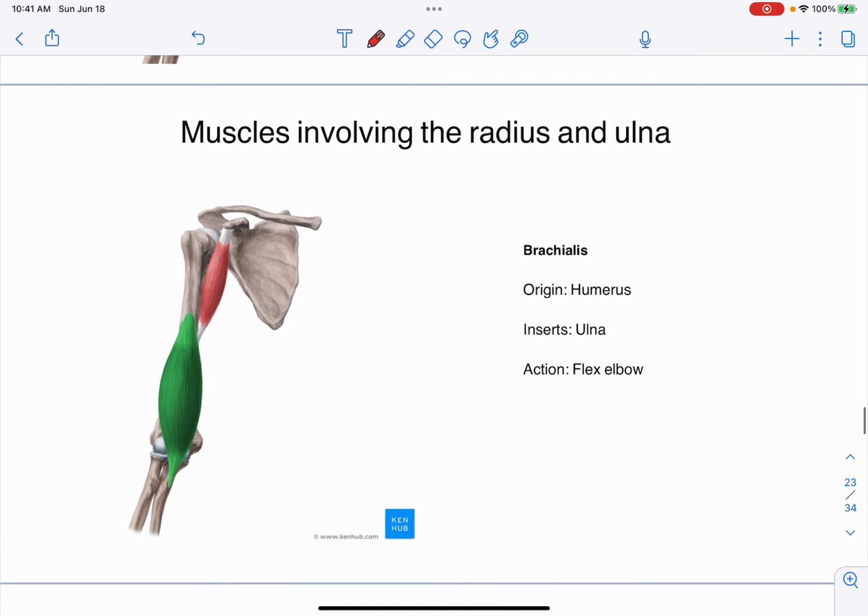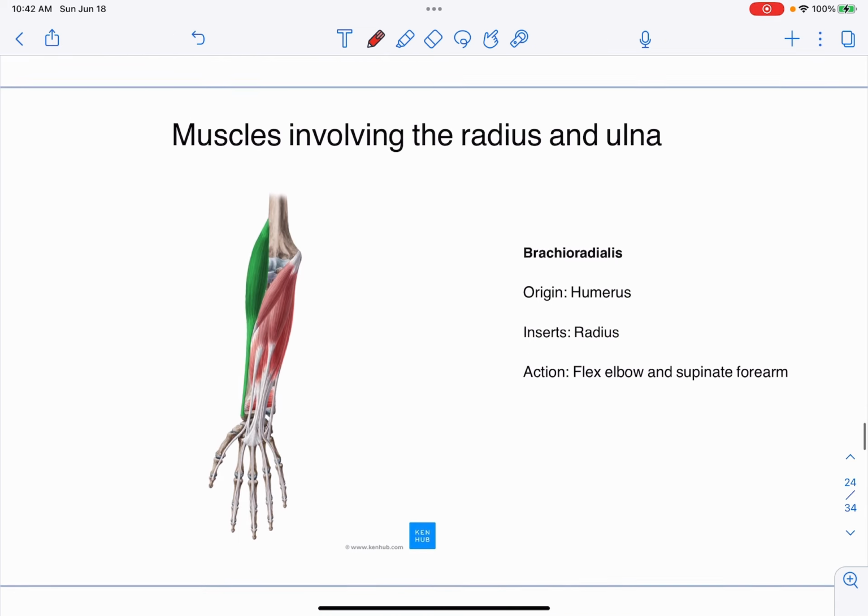The brachialis muscle is a little bit of a smaller muscle, and it sits next to the biceps brachii. It originates at the humerus, inserts into the ulna, and its action has to do with flexion of the elbow. So if this muscle were to shorten, you would get flexion.